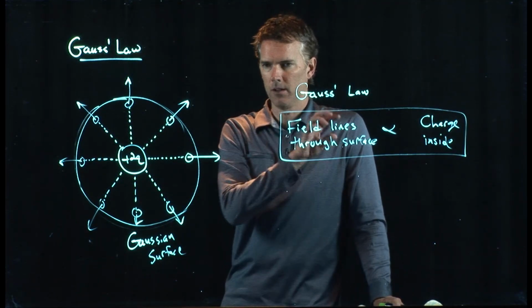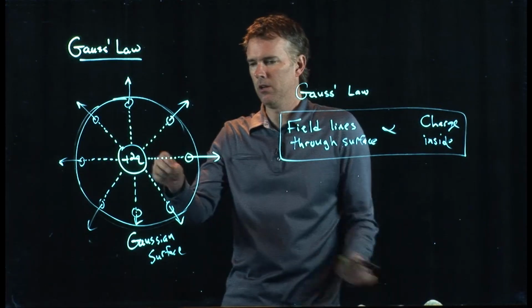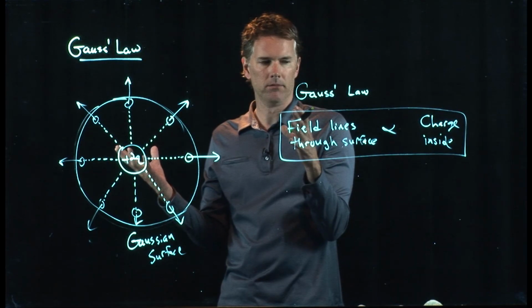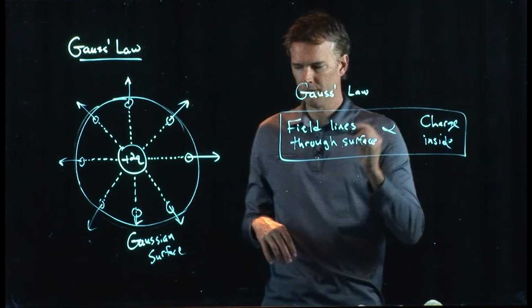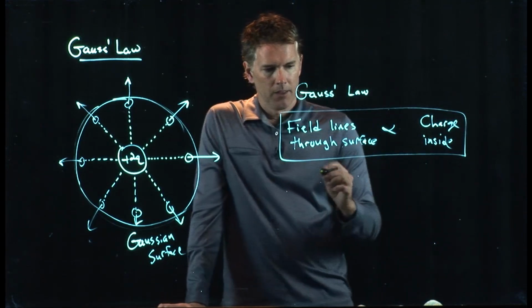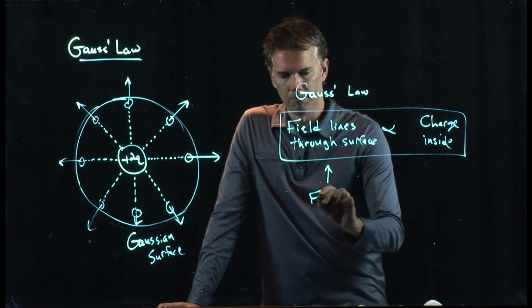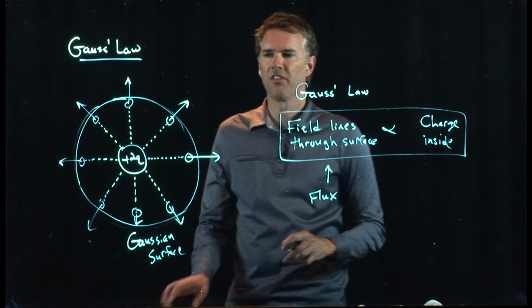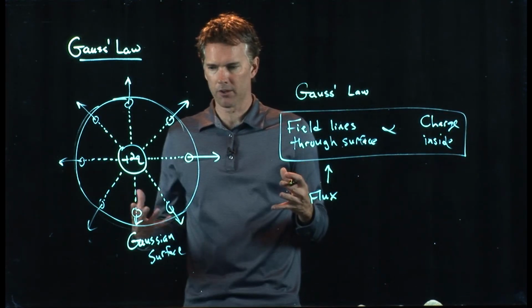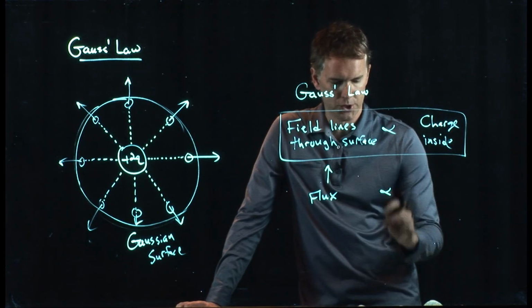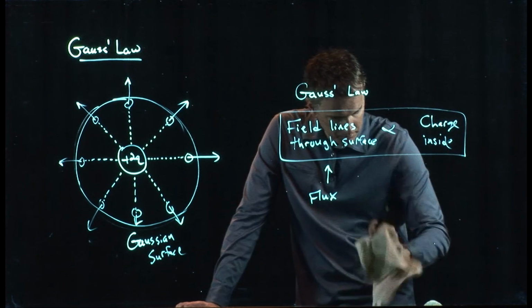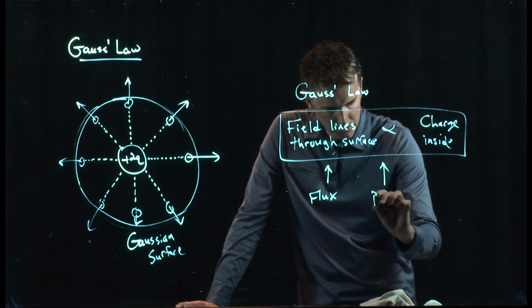This is what it says in words. I've got 2Q, so 8 lines came out. If I had 1Q, then 4 lines would come out. It's proportional to the charge inside. This right here is called the flux. What's the flux? How many field lines are coming out of the surface? This is proportional, right? That's what that little alpha means. It means proportional.